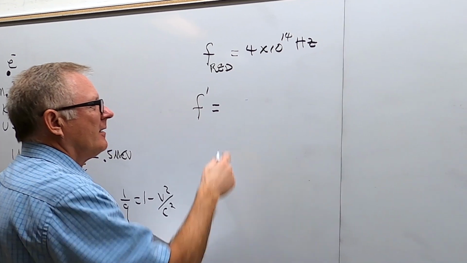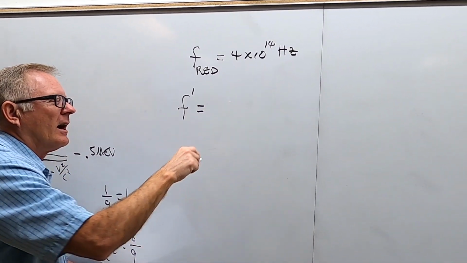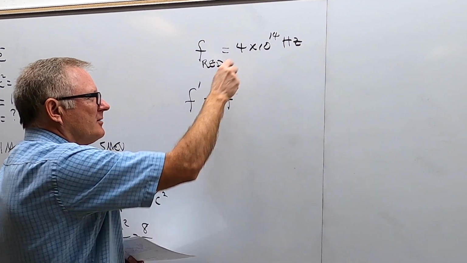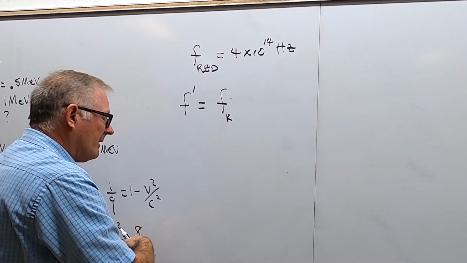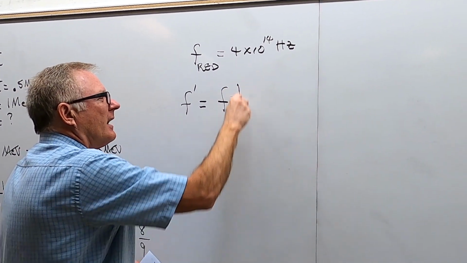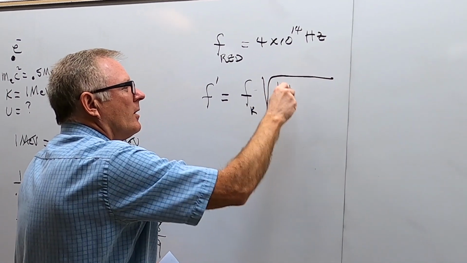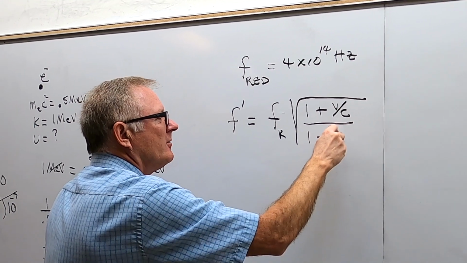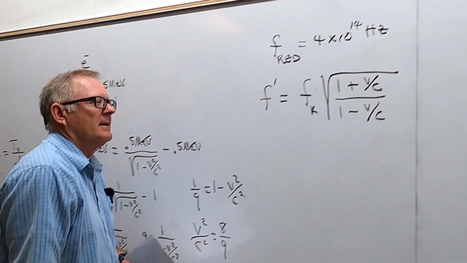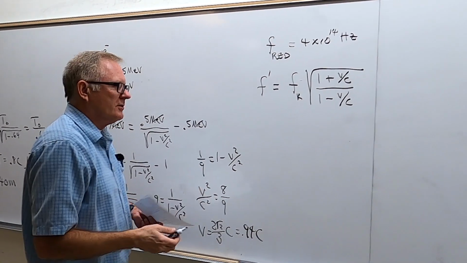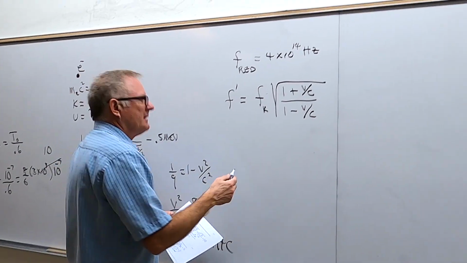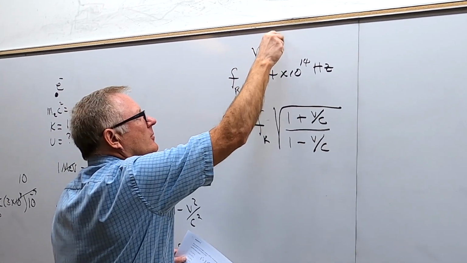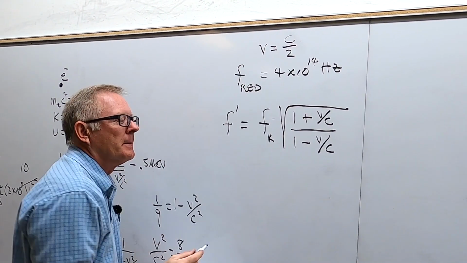Remember when we derived it, he was running away from it, but this would be f, the frequency of the red, times the square root of 1 plus v over c all over 1 minus v over c. It has to be greater because he's running towards you. We said he was running towards you at c over 2, so v is equal to c over 2.